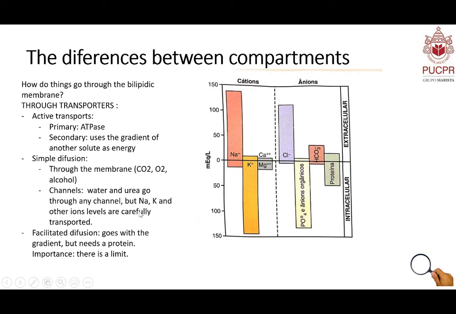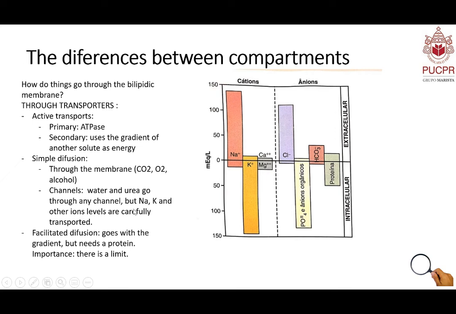Our cell is very concerned about the levels of sodium, potassium, and other ions. This is because these ions are very important for movements and the potential of the membrane. So the cell is very careful about that.